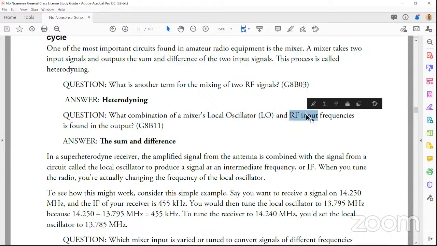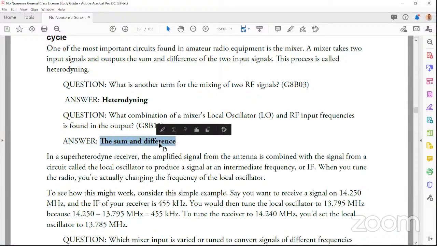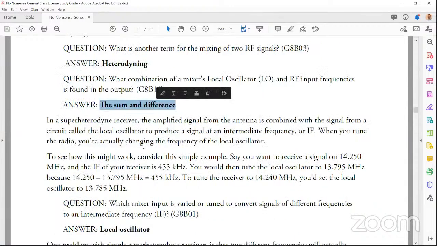That's the frequency that you're receiving from the antenna, the station that you're listening to, and you're mixing both signals, the RF input and the local oscillator, in the mixer, and they're asking us what is the output from that. Last class we learned that a mixer outputs two signals. It takes the sum and the difference of the two signals. So that's the answer, sum and difference.